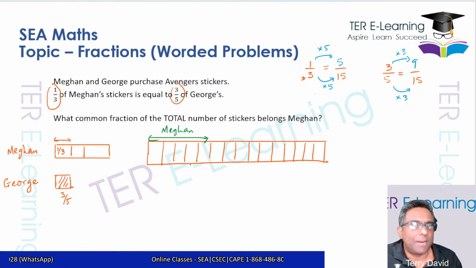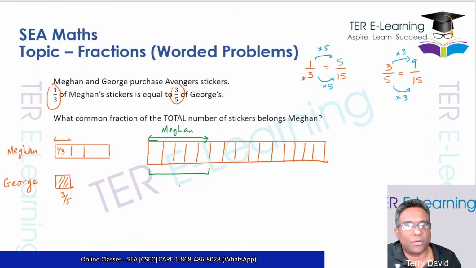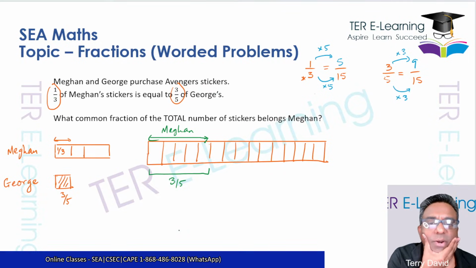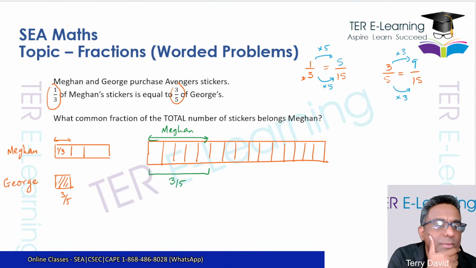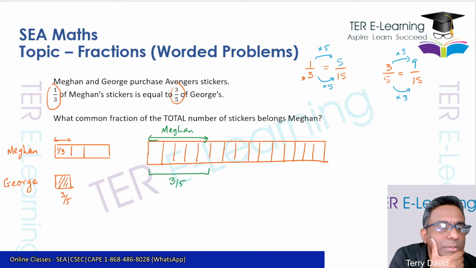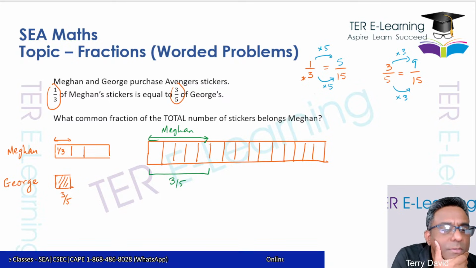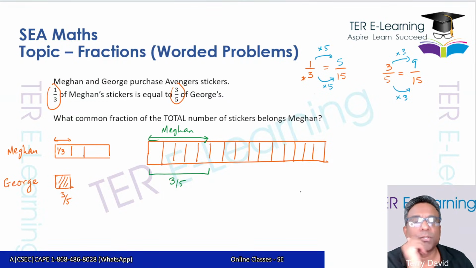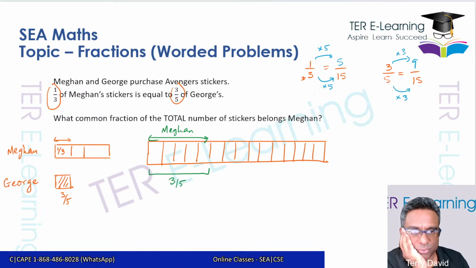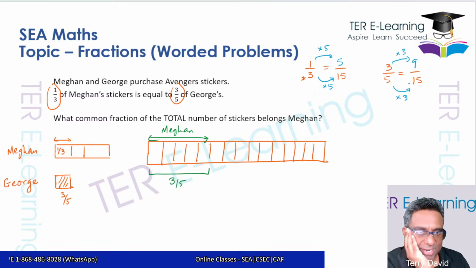and that share there is actually equal to 3/5 of George's. So from here to here corresponds to 3/5 of George's. So the amount that George has here is actually 9 over 15.